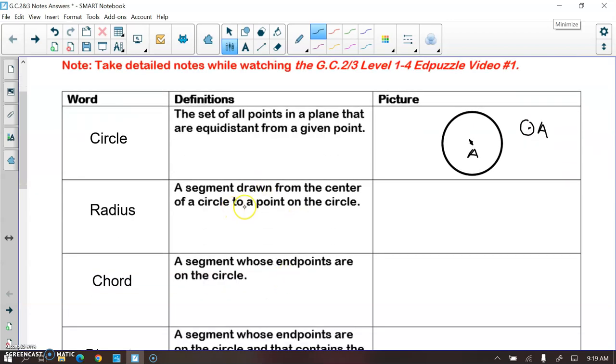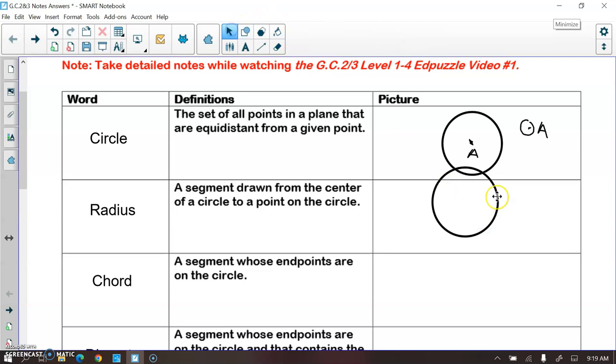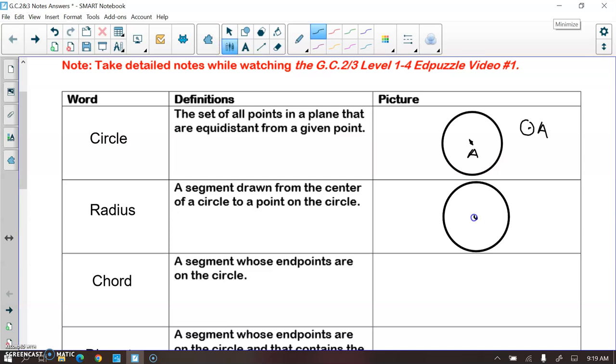A radius is the segment drawn from the center of the circle to a point on the circle. All radii in a circle are equal. So this is an example of a radius from the center to a point on the circle.